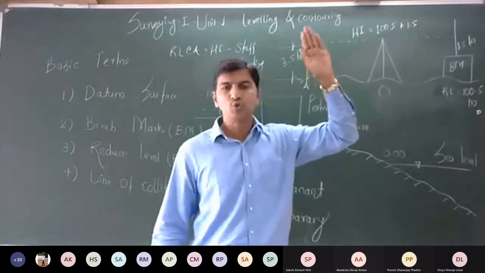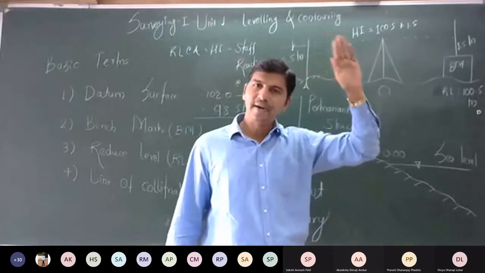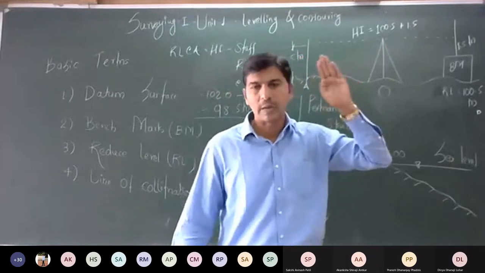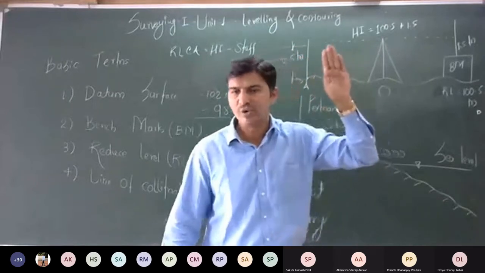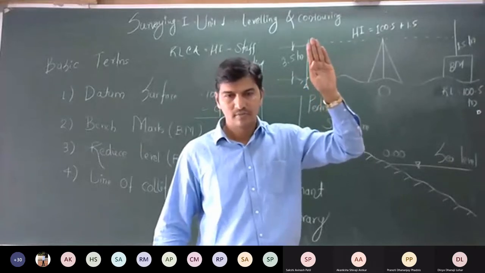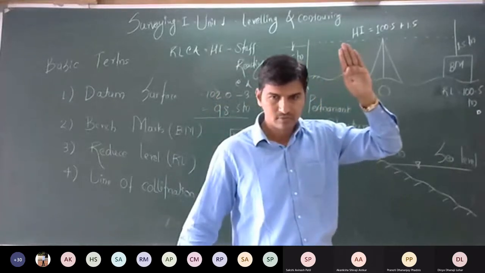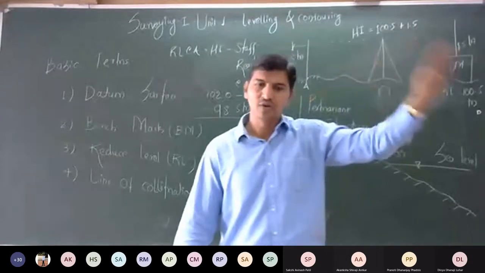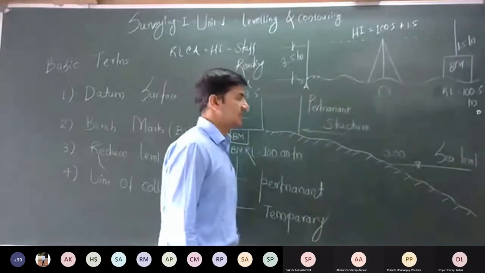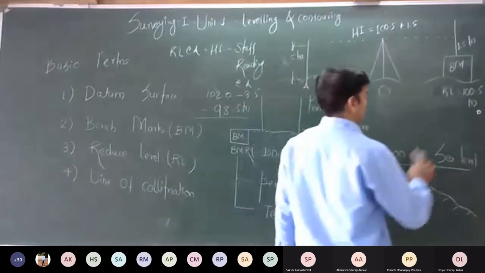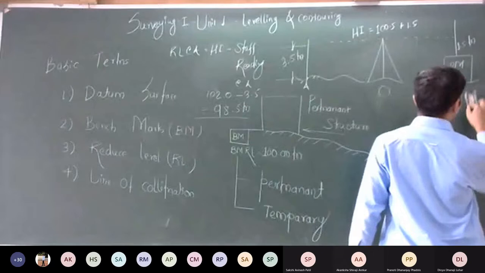I will be happy to repeat the process one more time. Please, someone raise your hand. No one? All of you have understood? Okay, fine. I'll just check whether you have understood or not.